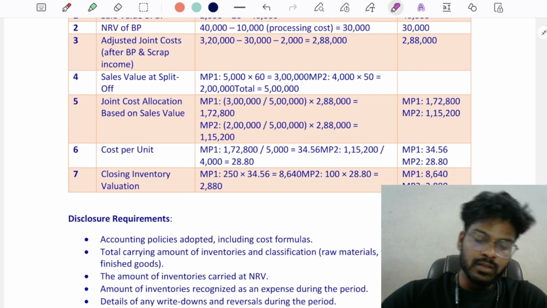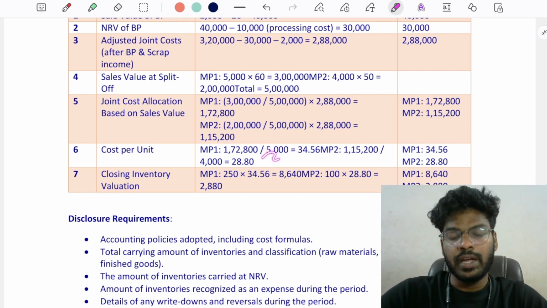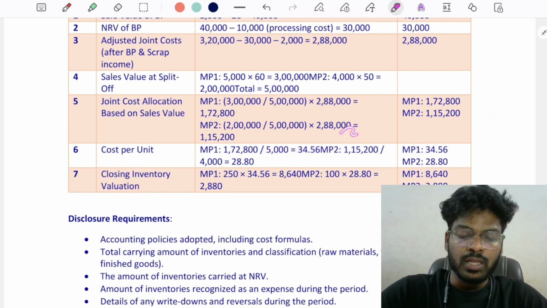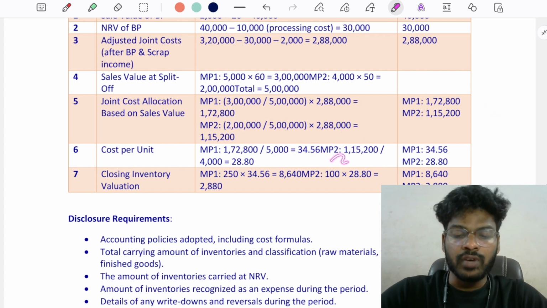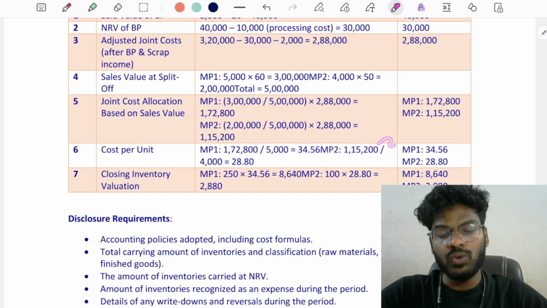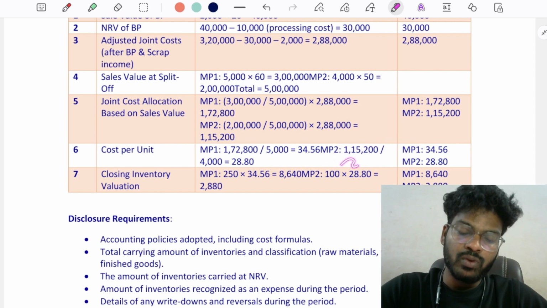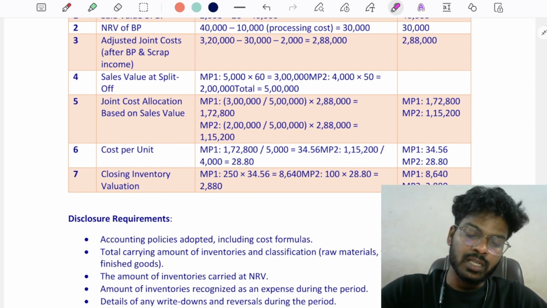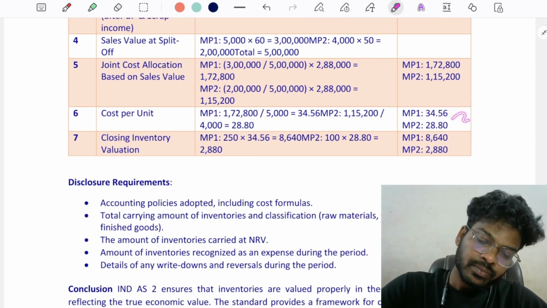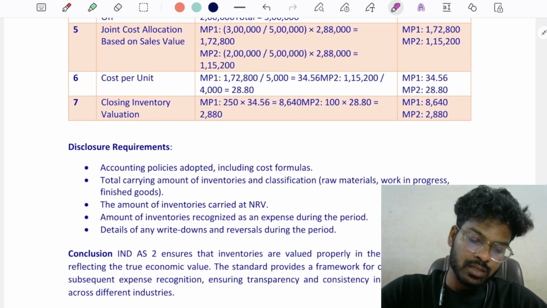So cost per unit for MP1 is 1,72,800 divided by 5,000 equals 34.56. For MP2, 1,15,200 divided by 4,000 gives you 28.80. This is the cost of production per unit.